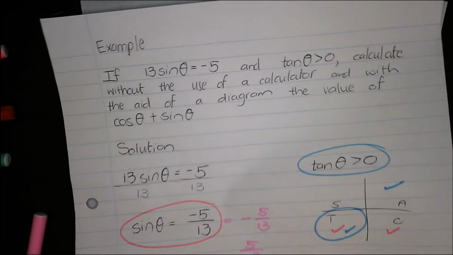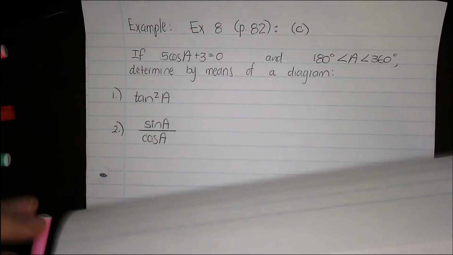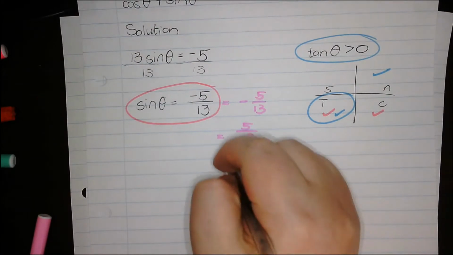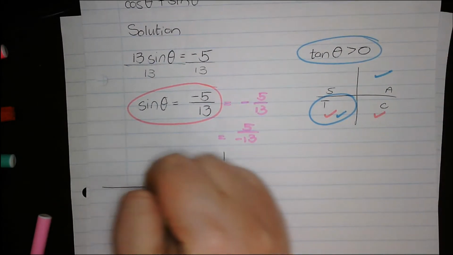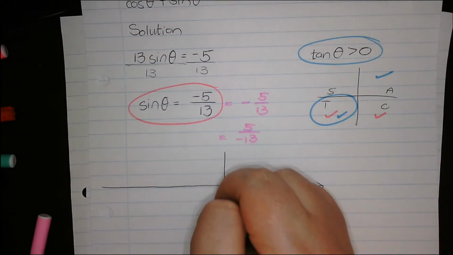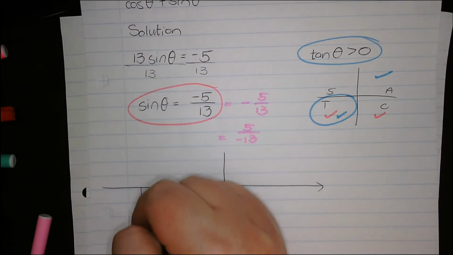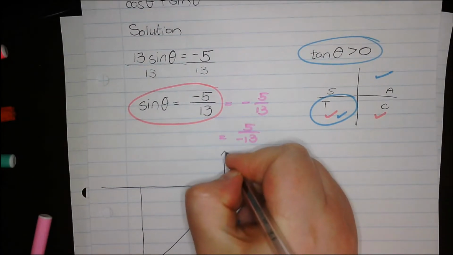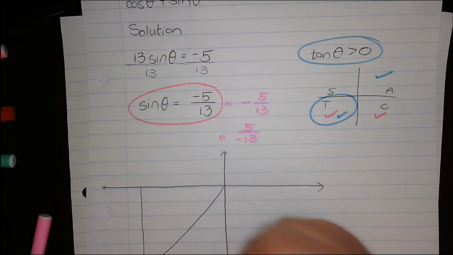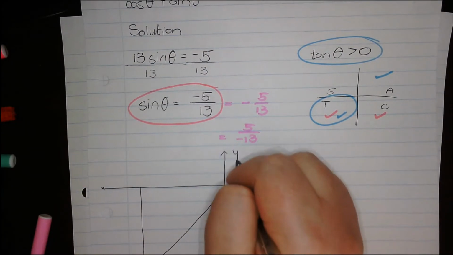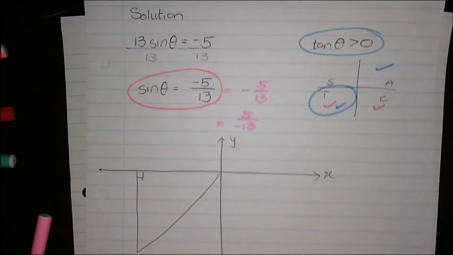It doesn't have to be huge, but your teacher should be able to see what you're saying. Alright, so I'm going to draw over here, and because I know it's in the third quadrant, I can sort of make my positive y and positive x-axis a little bit shorter. Right, and that's going to be our triangle there.